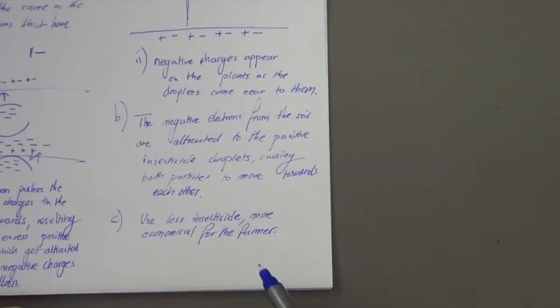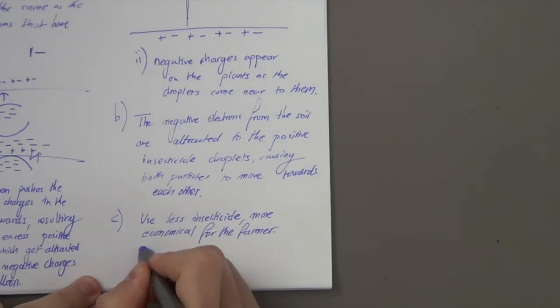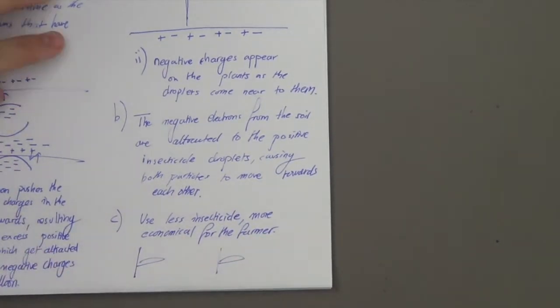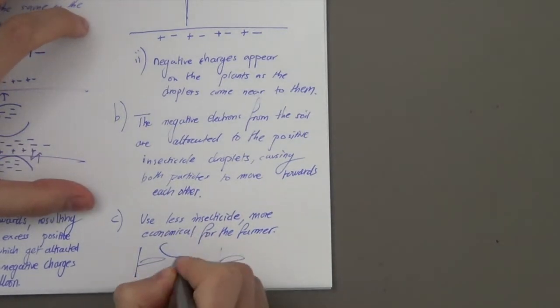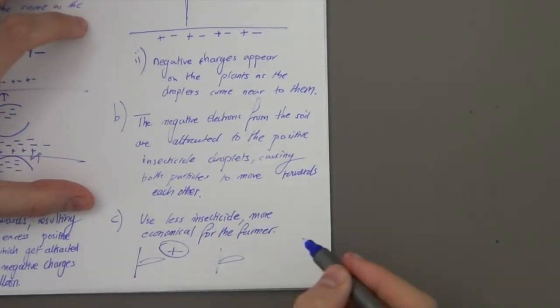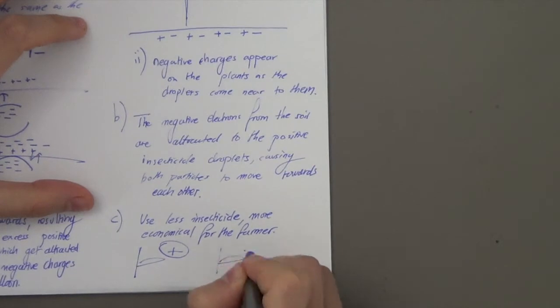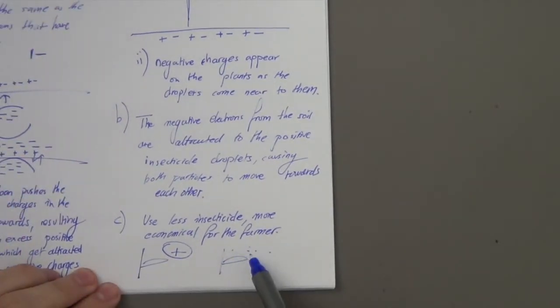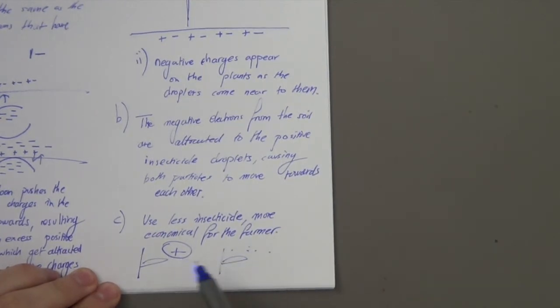So if you think about it, and I'm going to exaggerate this drawing, that's the plant, those are the plants, sorry. If I had droplets like that, that's extremely big compared to just dots like that. These smaller dots are more likely to cover more surface area of the plant compared to these larger droplets.